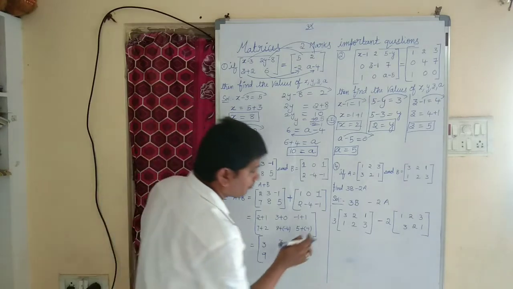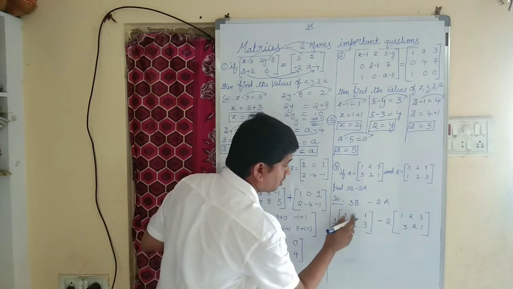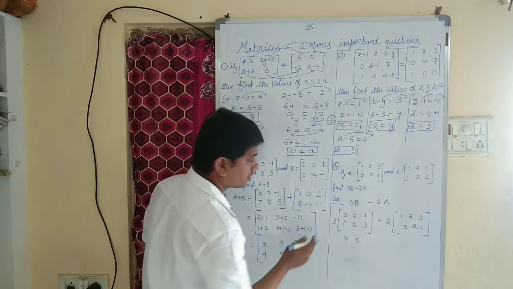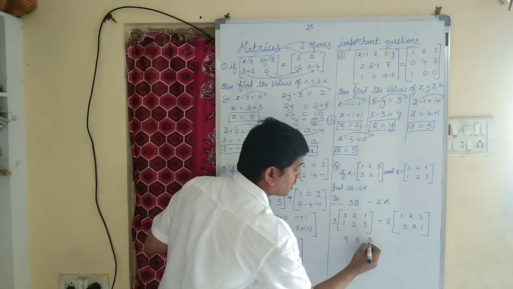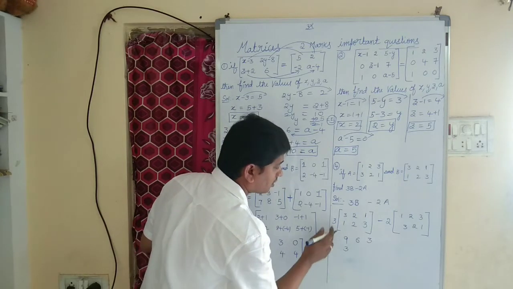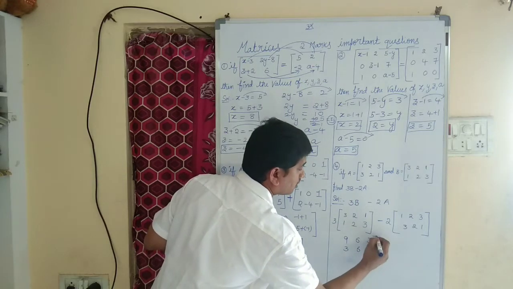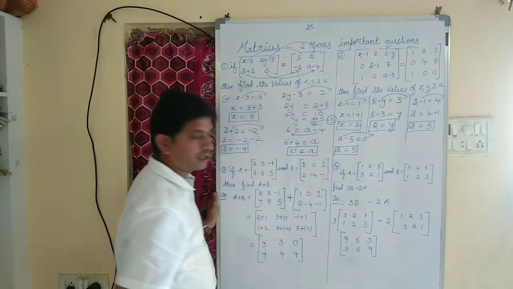Right? Now 3 into 3, 3 threes are 9, 3 into 2, 3 twos are 6, 3 into 1, 3 ones are 3. Again 3 into 1, 3, 3 into 2, 6, 3 into 3, 9. Right?